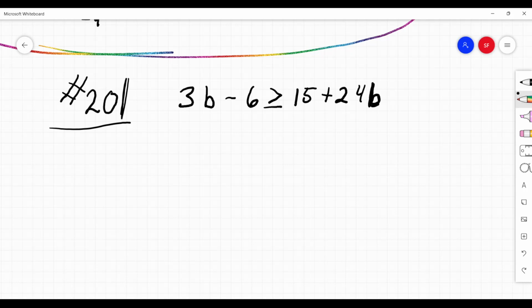Try to get the variables on the same side. Sounds great. So give me something specific. Adding 24b. What's 24b plus 24b?